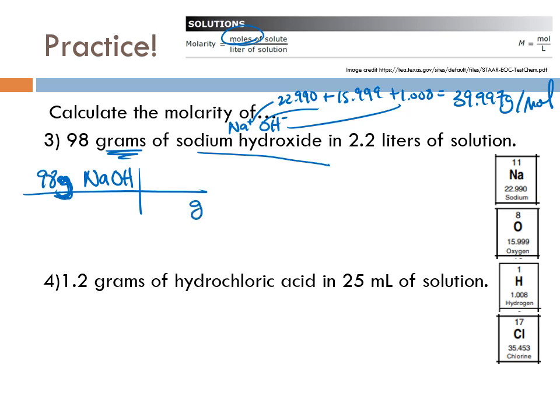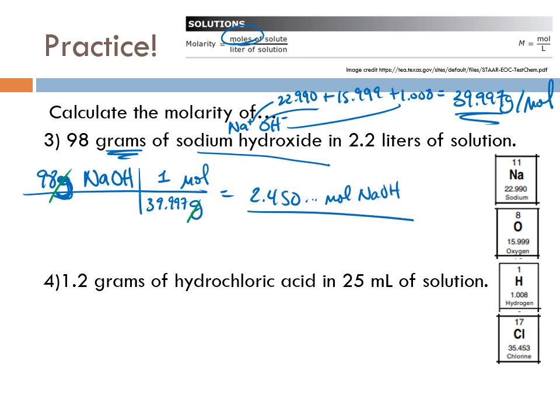We're going to put grams on the bottom and moles on the top. 39.997 grams on the bottom, 1 mole on the top. We're going to cancel out grams top and bottom. Handy dandy calculator says that 98 times 1 divided by 39.997 equals 2.450, lots of digits, moles of sodium hydroxide.